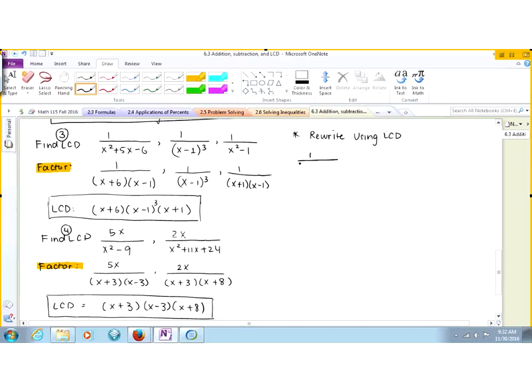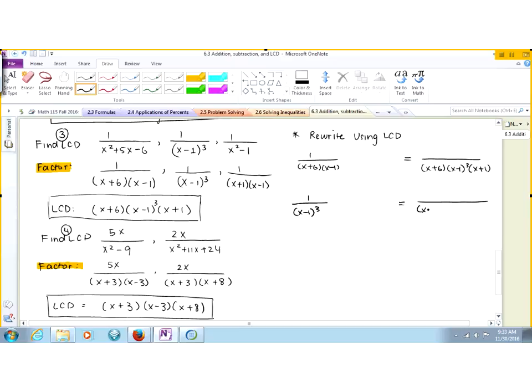Now, the next one. 1 over x plus 6, x minus 1. And what is my LCD? x plus 6, x minus 1 cubed, x plus 1. Well, I'm making this up, so that's why it's hard, but you don't have to multiply it out, okay? So the second one is 1 over x minus 1 cubed.